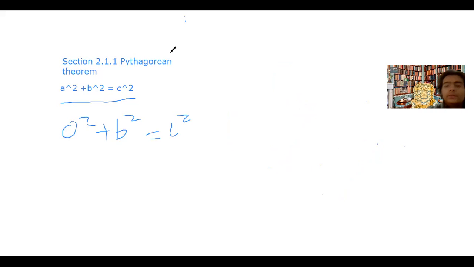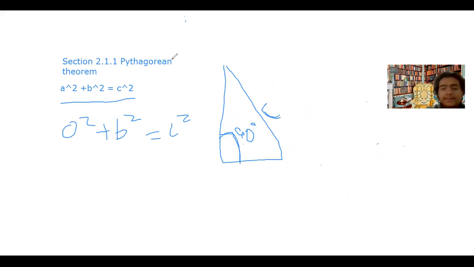So it's an idea of how a right triangle works. Always remember the side opposite the 90-degree angle is C. And you can consider this side A, or this side A, or you can take this side as B, it doesn't matter.